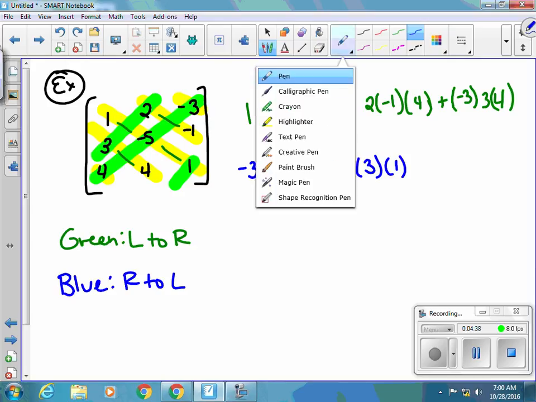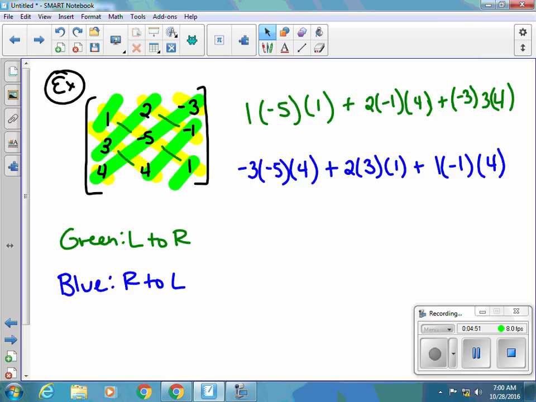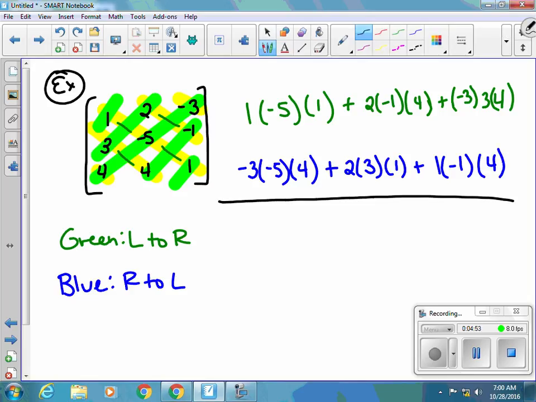And last but not least, that 1, -1, and 4. So technically, we've got this big equation that we're going to subtract. So I go ahead and combine all of the green and then all of the blue, and then I go ahead and subtract it.